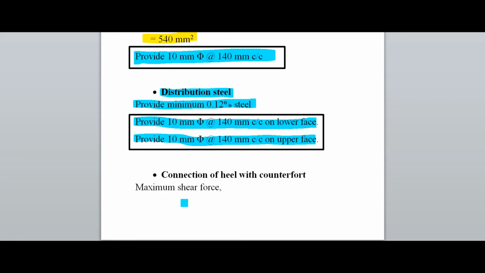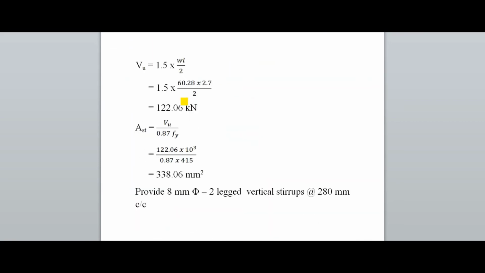Now we are going to design the connection of heel with a counterfort, means we are going to design vertical stirrups. So Vu is 1.5 into WL by 2. So shear force is 122.06 kilonewton.